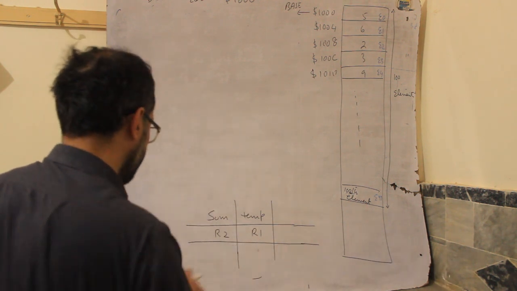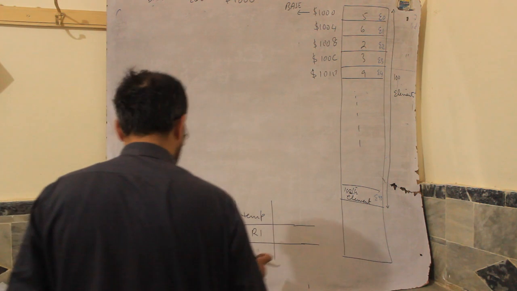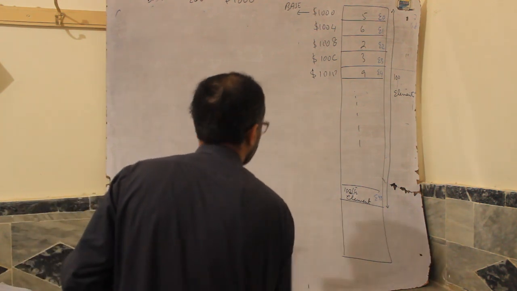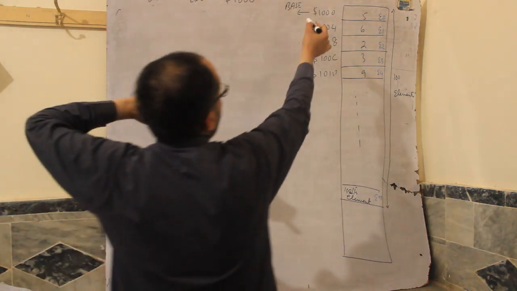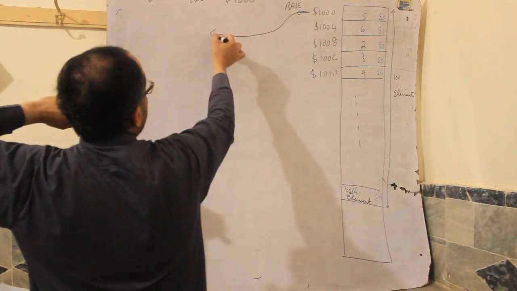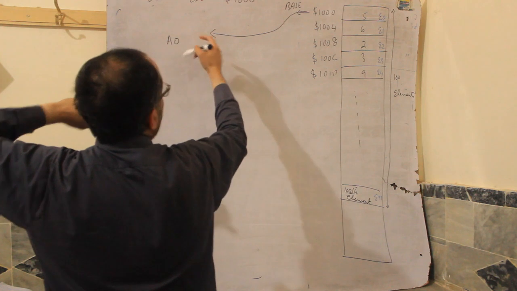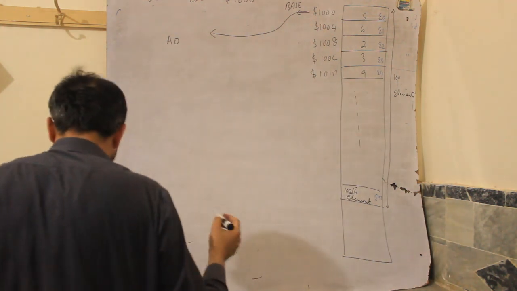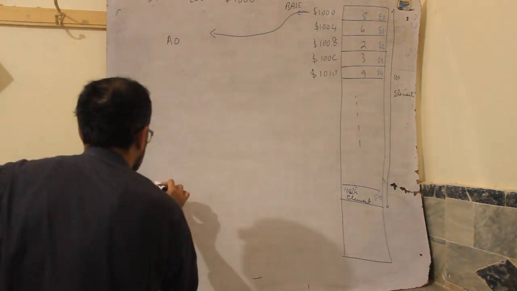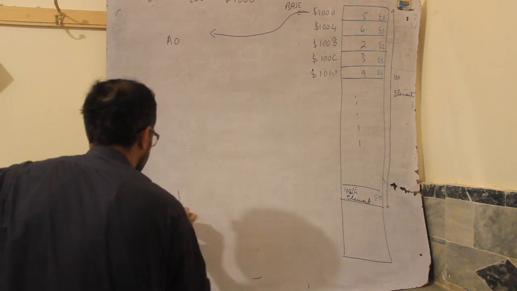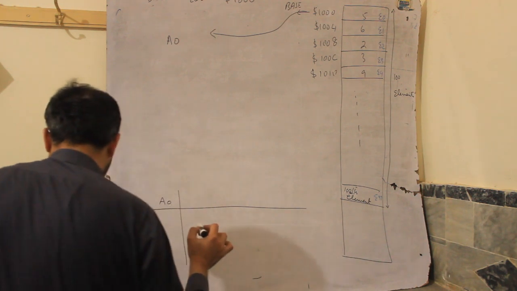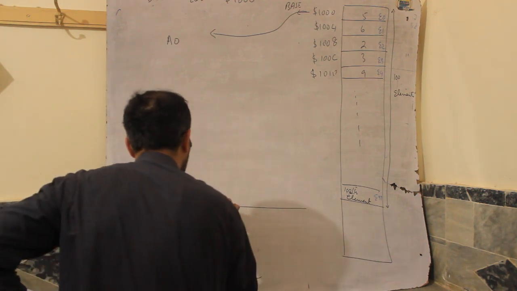In this case, some address register, A0, will point to the base address. So A0 is the address of the first element of the array, and then we can have a count.